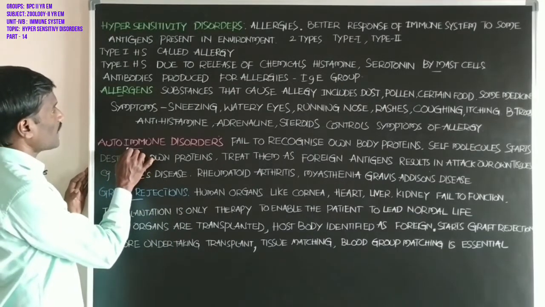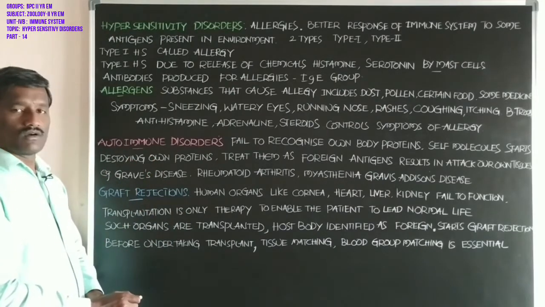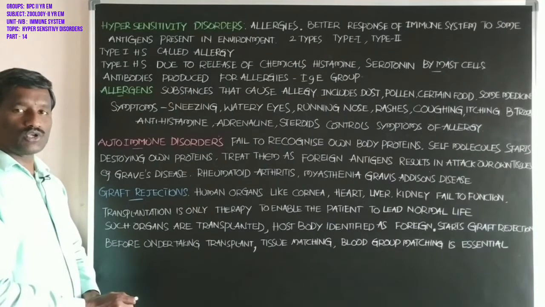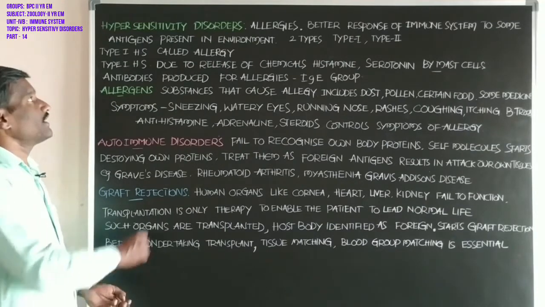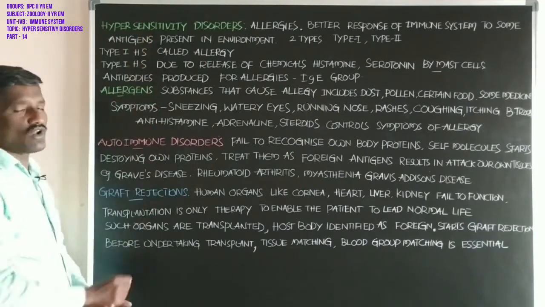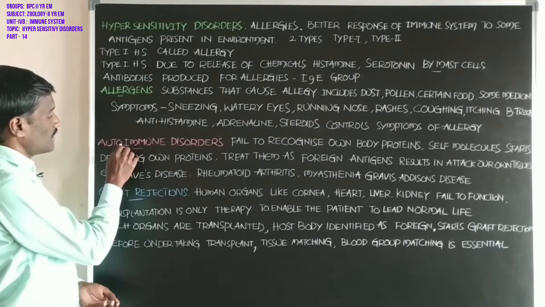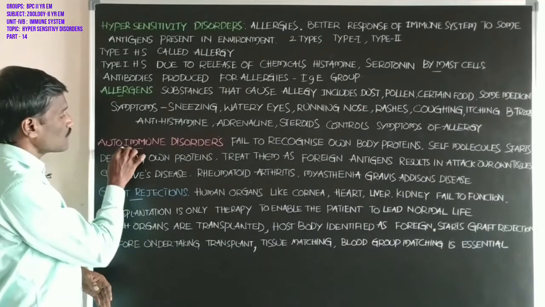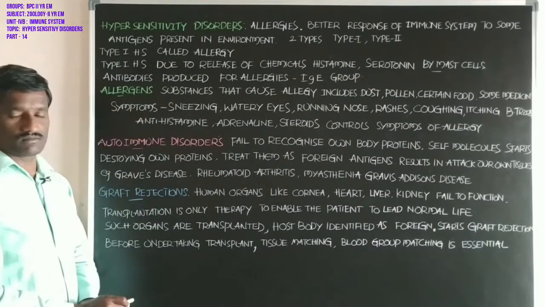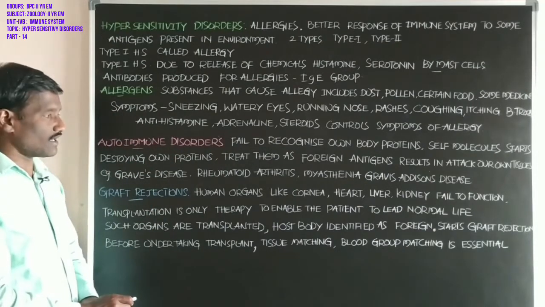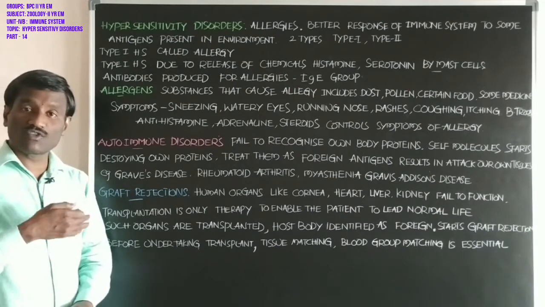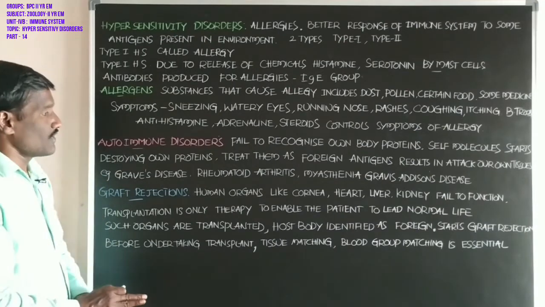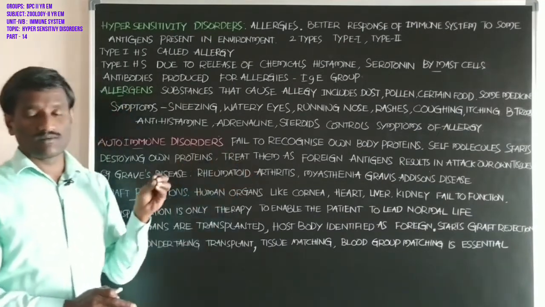Next, student, another immunological disorder: autoimmune disorder. It is the third one of the immunological disorders. Autoimmune disorders are also one of the immunological disorders.